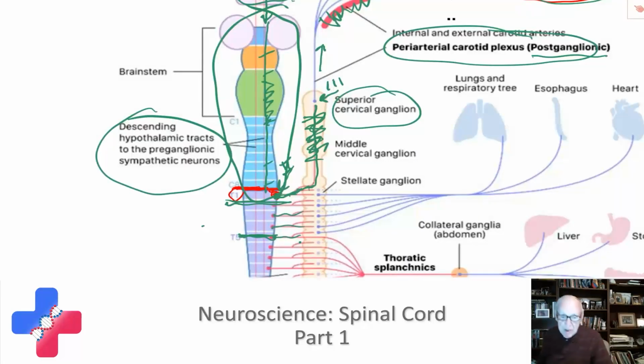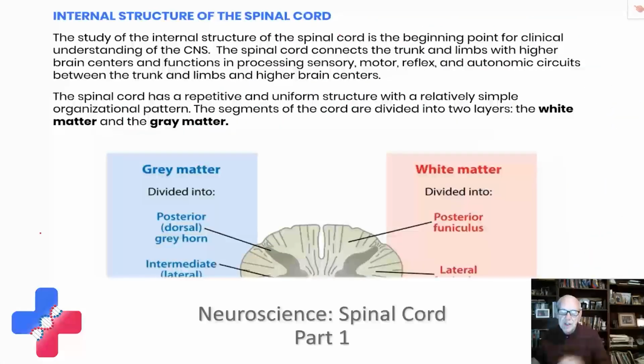So with any lesion below T1, T2 of the cord, do not expect a Horner event to be part of the distractors in an exam question, for instance. So again, just make sure you understand that. So those are two introductions to the big topic of today and tomorrow, and that's spinal cord. So now we are ready to go central.